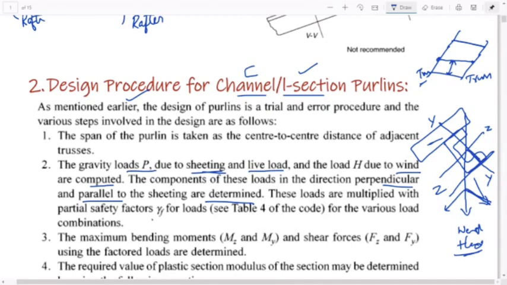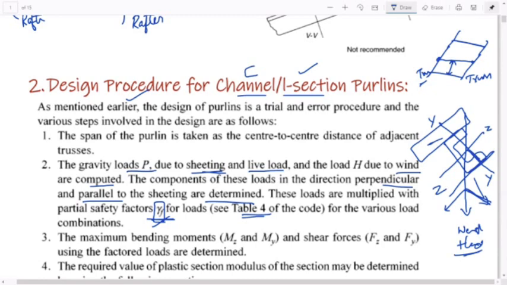And partial safety factors are to be considered from Table 4 of this code book. Of course, you are aware of this factor, right? When dead loads and live loads are used, the combination of those two loads should be multiplied by 1.5. And when you use earthquake loads or wind loads plus live load plus dead load, the gamma f is going to be 1.2.